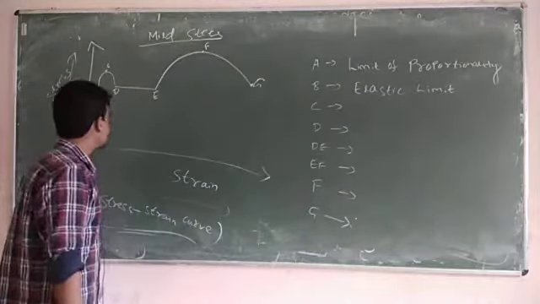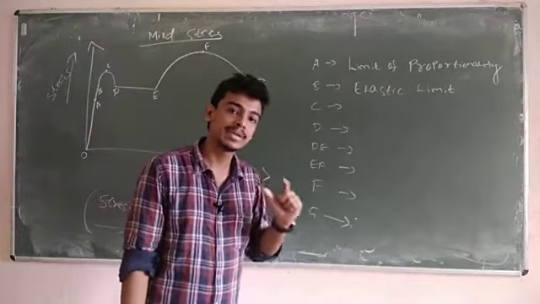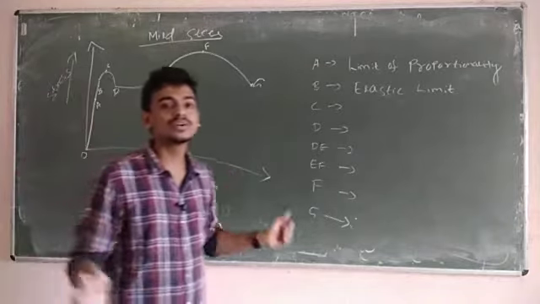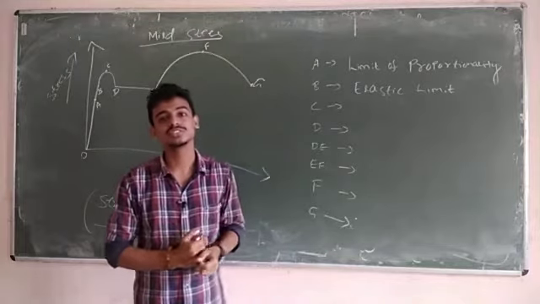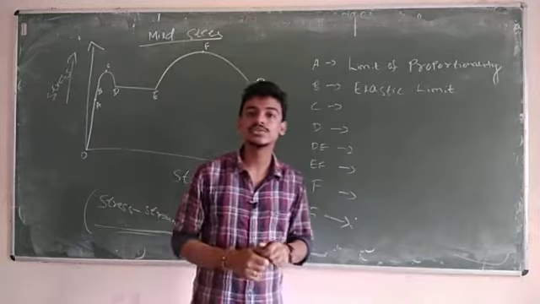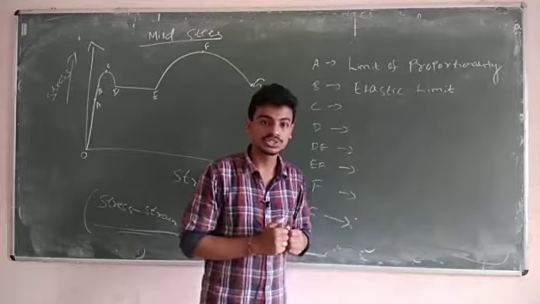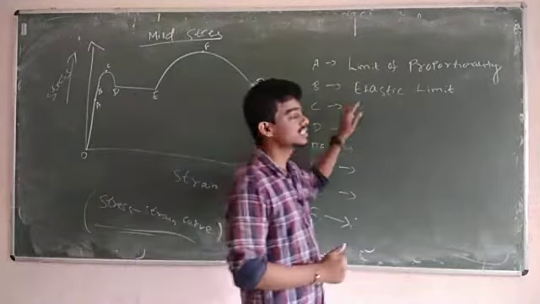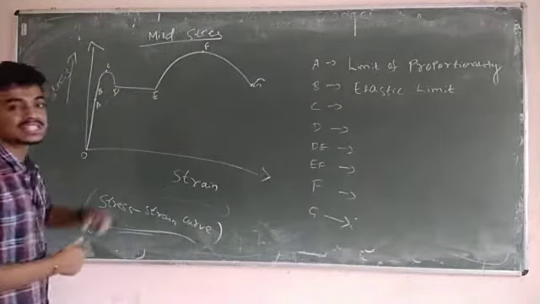It means the elastic properties are valid up to the point B. Up to point B, whenever you remove the load, the material will regain its original position. I told you in the previous class what elasticity is: whenever you remove the load, the material regains its original position. That property is valid up to this point, the elastic limit.